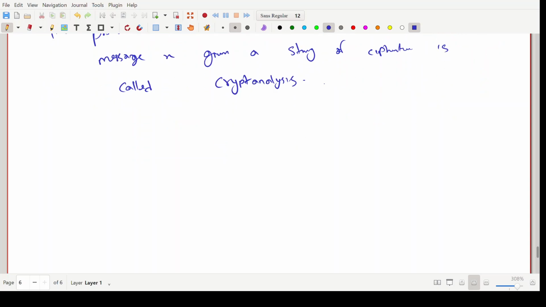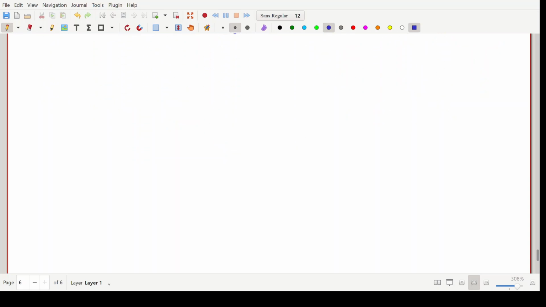One more thing. Sir Francis Bacon had proposed the following properties for a good crypto system.